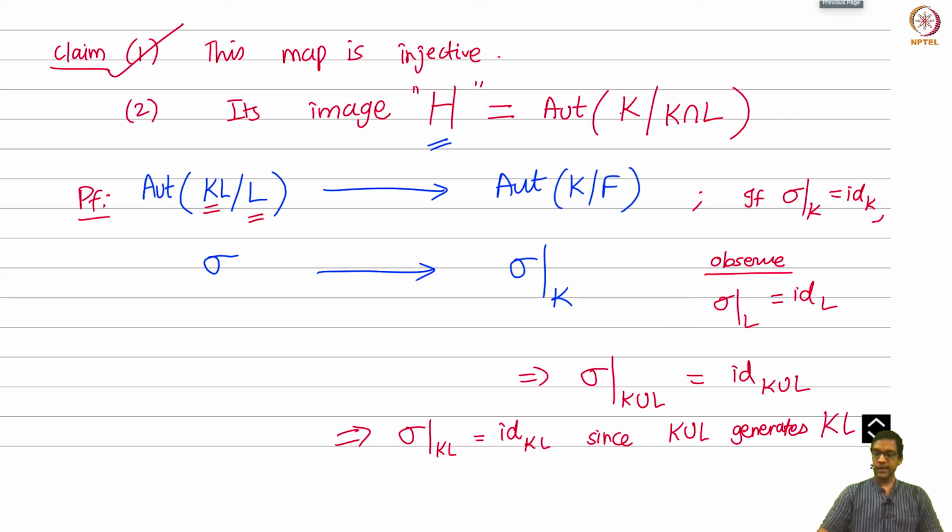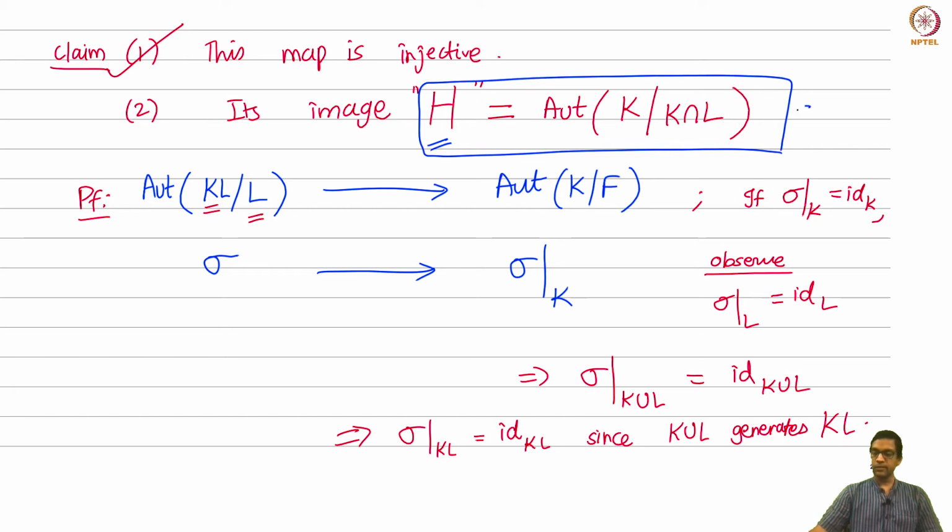So to prove the second claim, how do you show that two subgroups are the same? They are both subgroups of the group of automorphisms of K over F. To show two subgroups are the same, it's enough to show that their fixed fields are the same.